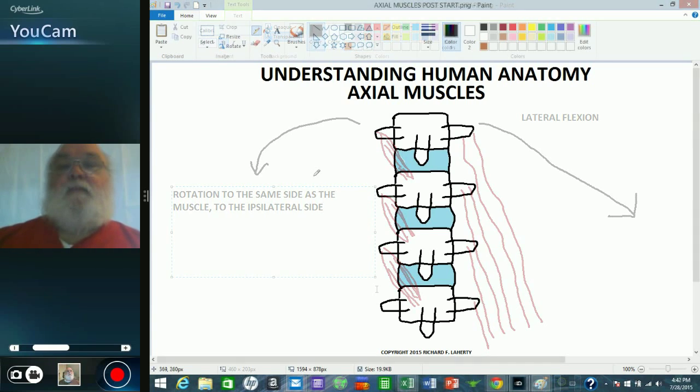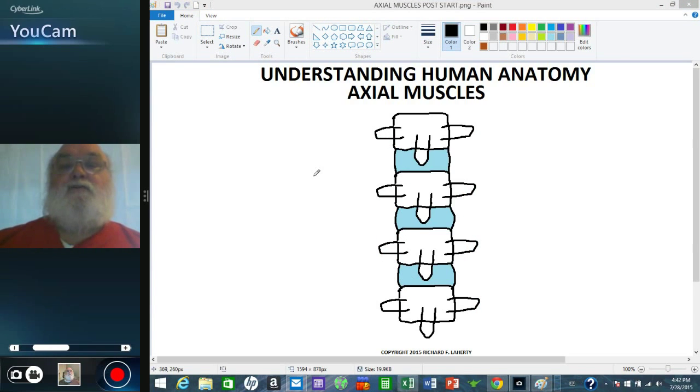Now, there are also muscles that run from lateral positions over to the spine of a neighboring vertebra. And we'll try and draw some.